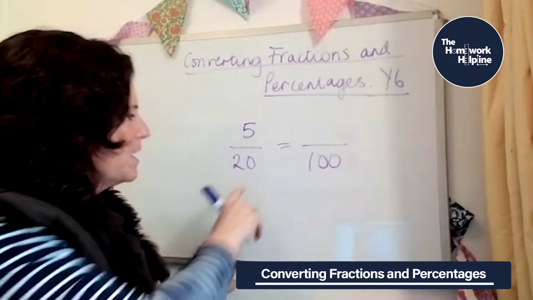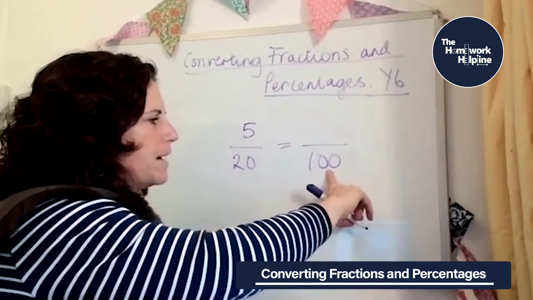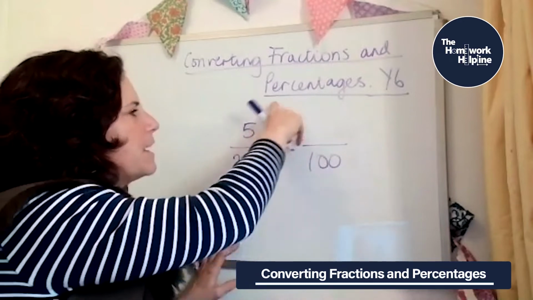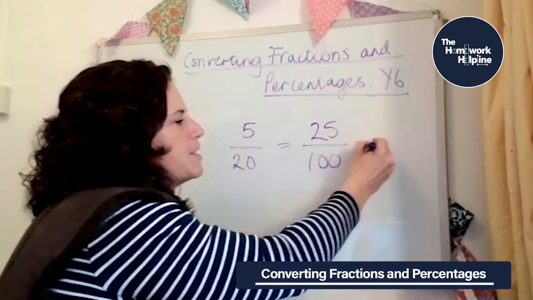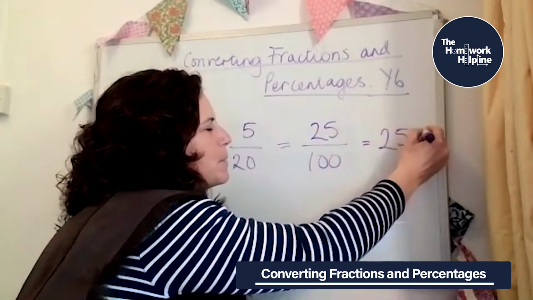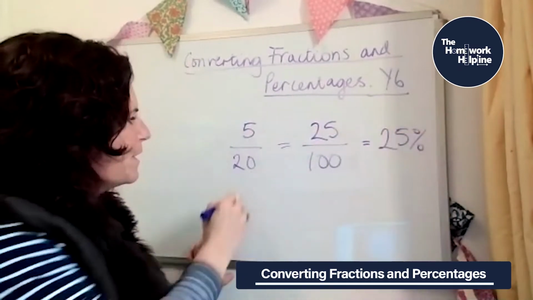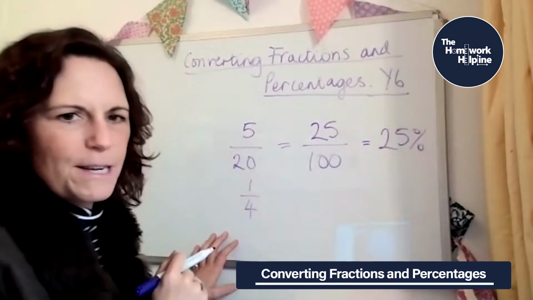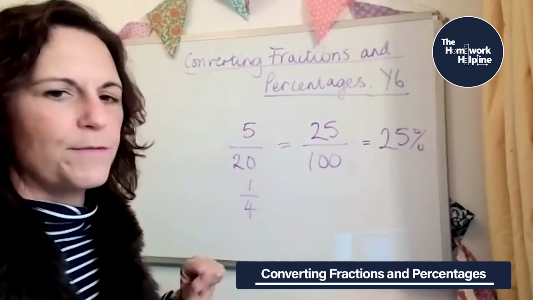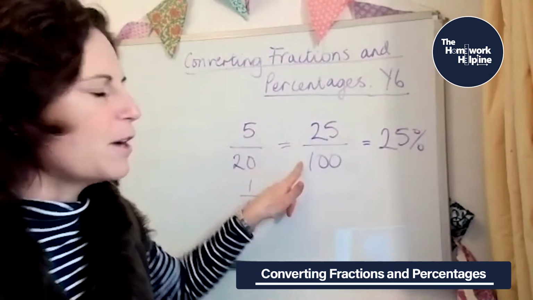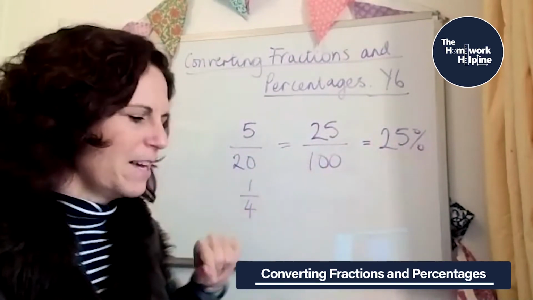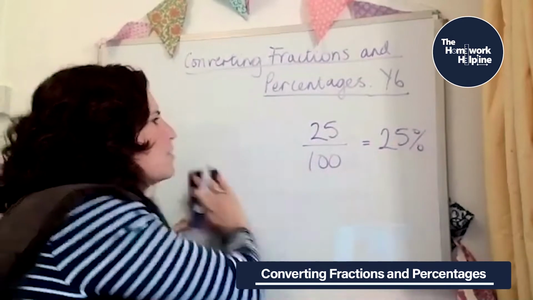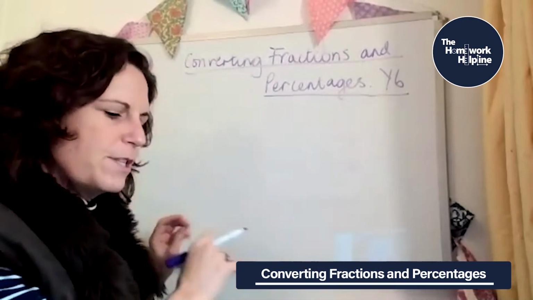So I need to multiply 20 by 5 to get 100. 5 times 5 is 25. So it is 25%. It would have been too easy if I'd just told you that was 1/4, wouldn't it? But it is the same. Those are equivalent fractions. So 25/100ths is 25%.